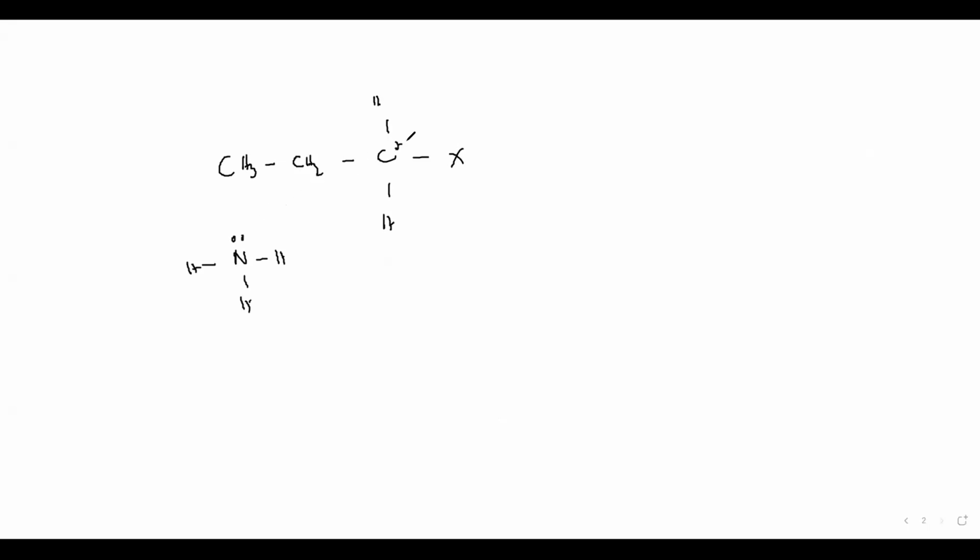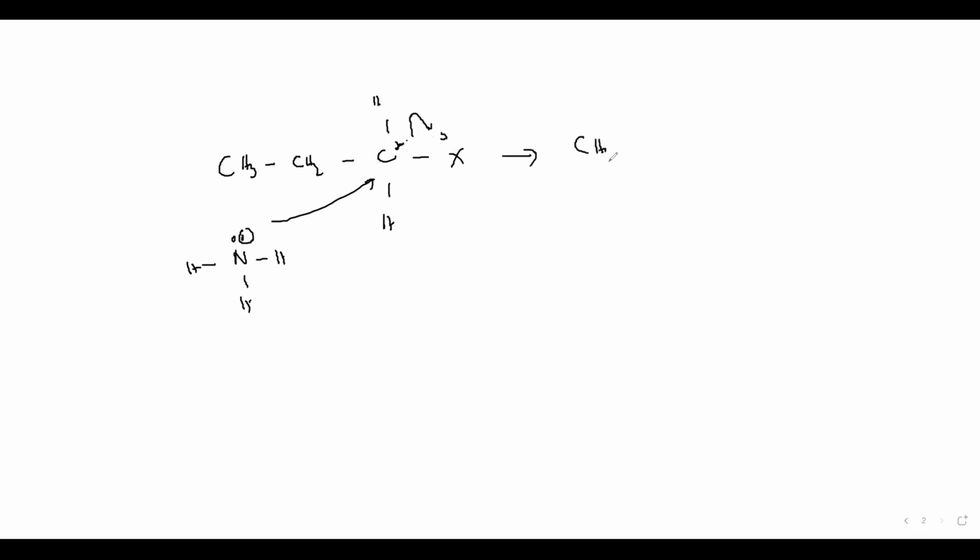It is attracted towards the partial positive side. One of the electrons it gives to this carbon to form a bond. Bond breaking and bond forming will take place at the same time. So the halogen will be removed because the halogen took that electron.